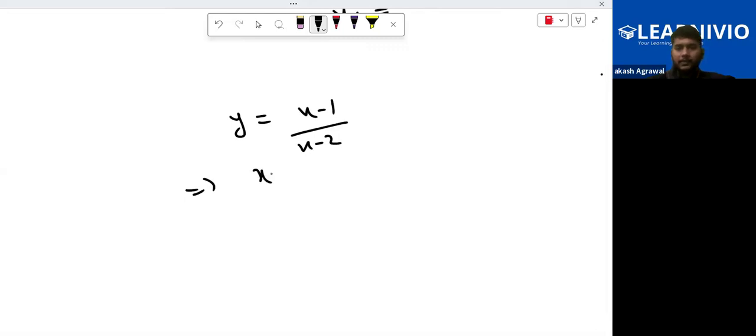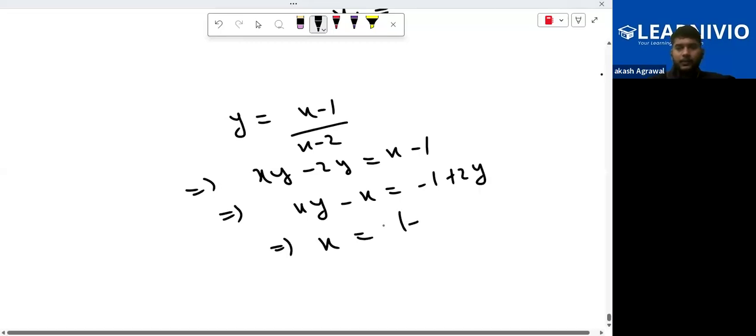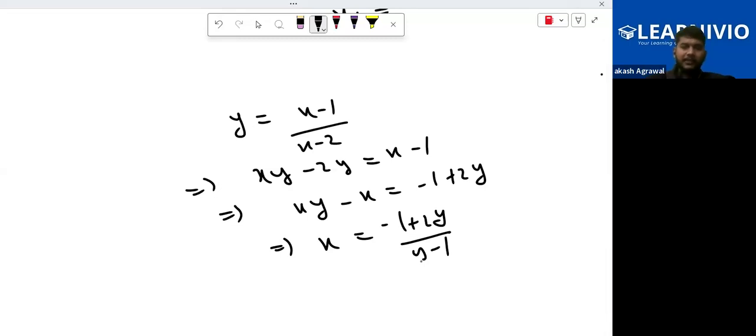We can multiply: xy minus 2y equals x minus 1, and xy minus x equals minus 1 plus 2y. x equals minus 1 plus 2y upon y minus 1. So here we can find a rational number for all the numbers that are associated. Yes, all of you, this is clear? Yes, sir. Okay.